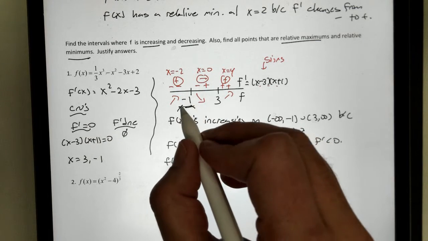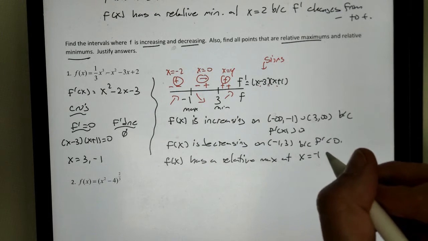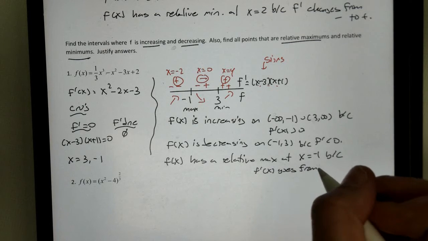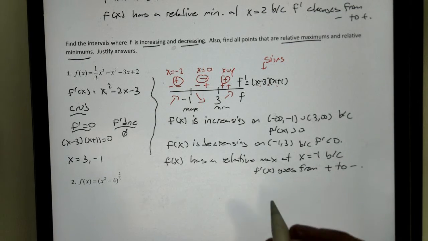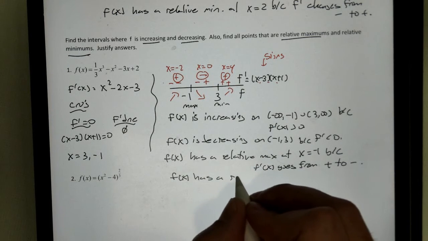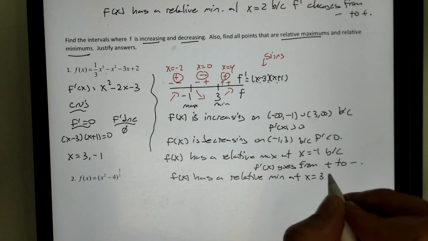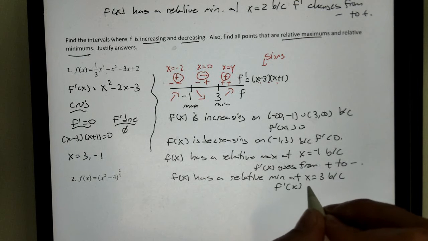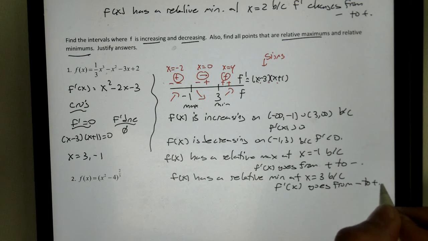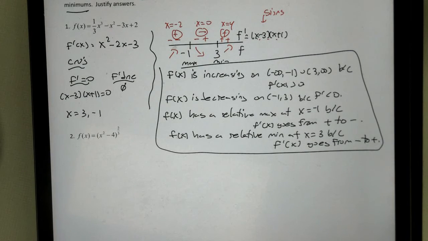So this would be a maximum value at x equals negative 1 because the derivative changes from positive to negative, and we can say f of x has a relative minimum at x equals 3 because the slope goes from negative to positive. Wow, that is a lot of writing for us to do here.